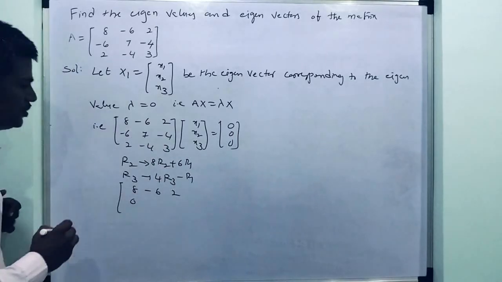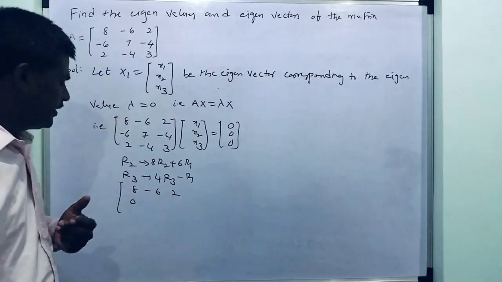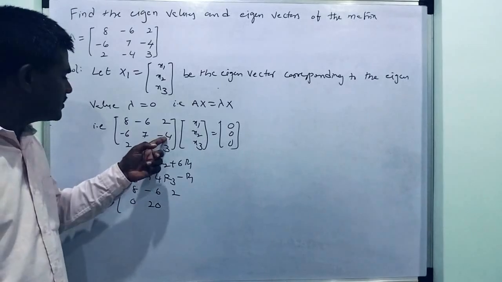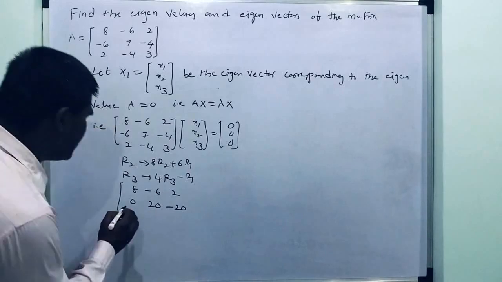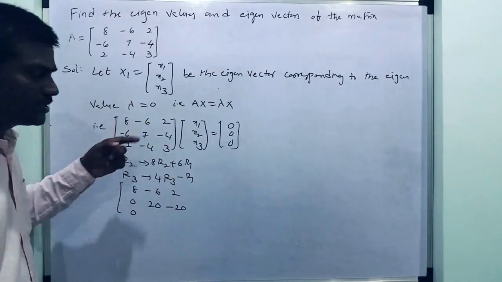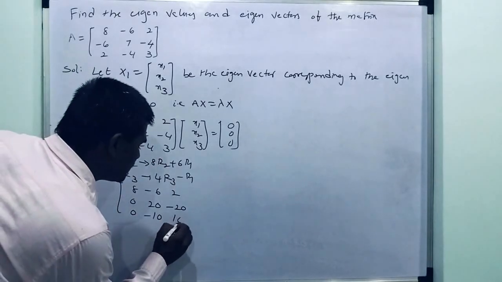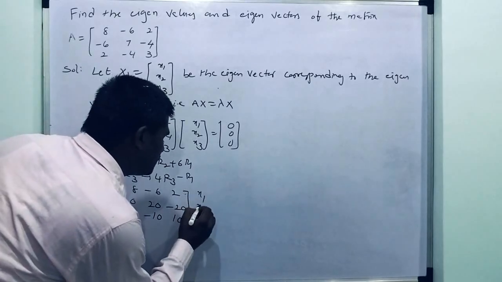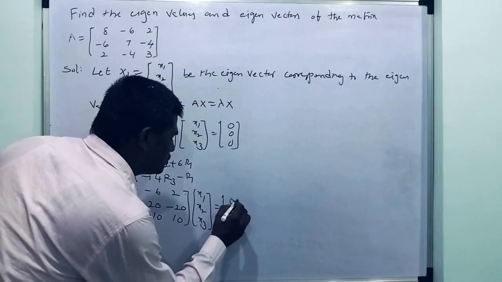This is 0, and 8 7s are 56 minus 36, 20. 8 4s are minus 32 plus 12, which is minus 20. 8 minus 8, 0. Minus 16 plus 6, minus 10. 12 minus 2, which is plus 10. Into (x1, x2, x3) = (0, 0, 0).